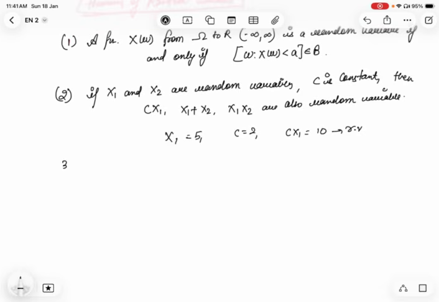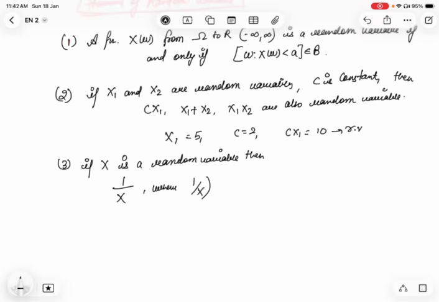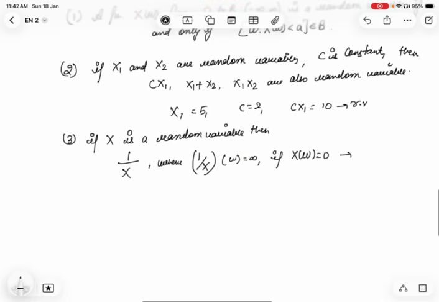Now third, if X is a random variable, then 1 by X, where 1 by X(omega) is equal to infinity if X(omega) is equal to 0, is a random variable.